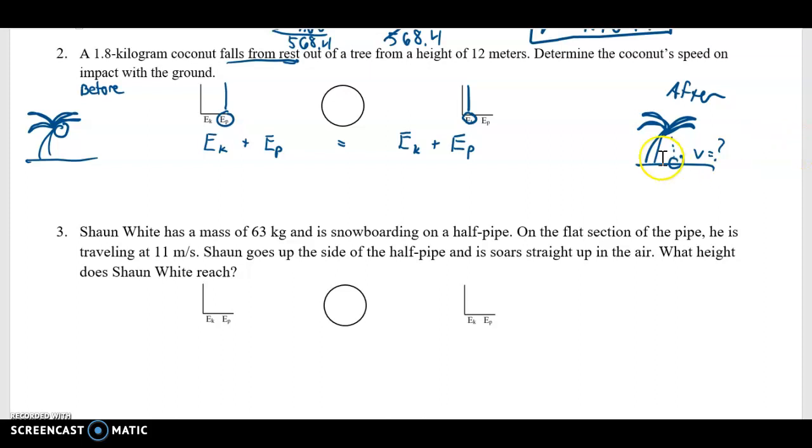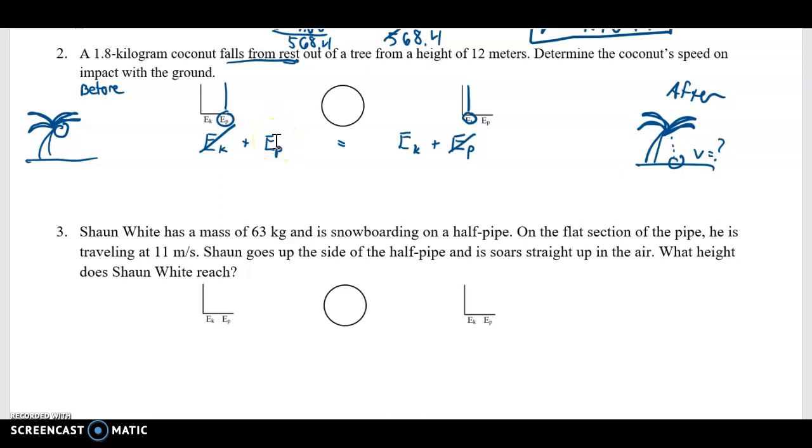Total energy stays the same. But we can make a little shortcut because we know that the kinetic energy here crosses out. The potential energy crosses out on this side because there's no potential energy here, there's no kinetic energy here. We just need to work with these equations. So we start using our other equations to fill in the information here.